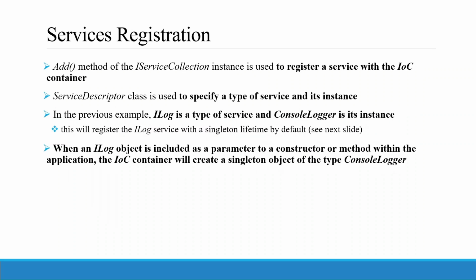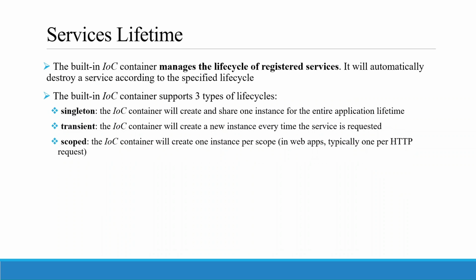Going back here, when an object of type console logger is created, its life cycle is singleton. So basically it's an instance that will be reused for the entire application lifetime.